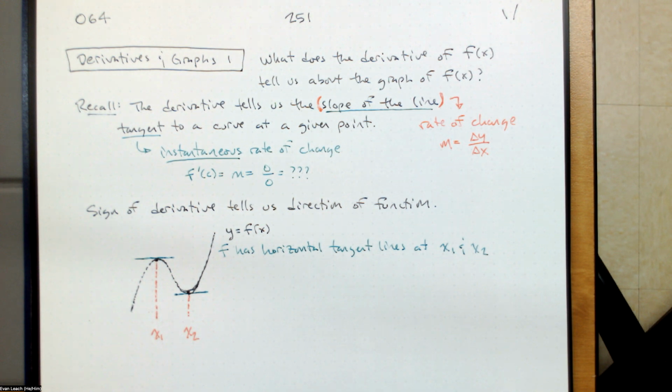Since I'm talking about a graphical feature, when I say f, I mean the graph of f. These are the 2 points where the derivative is equal to 0, because the slope of a horizontal line is equal to 0.